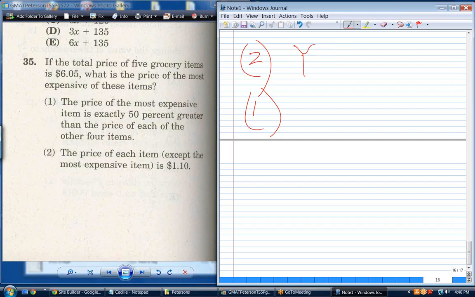The price of the most expensive item is exactly 50% greater than the price of each of the other 4 items. I want to say that that doesn't work because you don't know that the 4 other items cost the same. Kind of do, because it says it's exactly 50% greater than the price of each of the other 4 items, which implies the other 4 items must be priced the same.